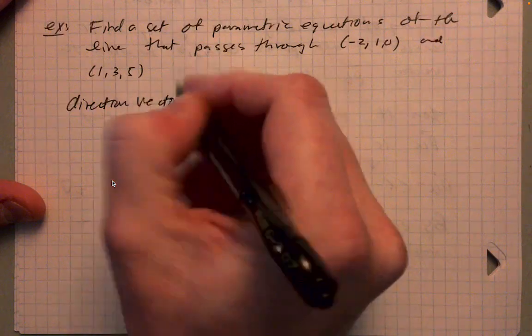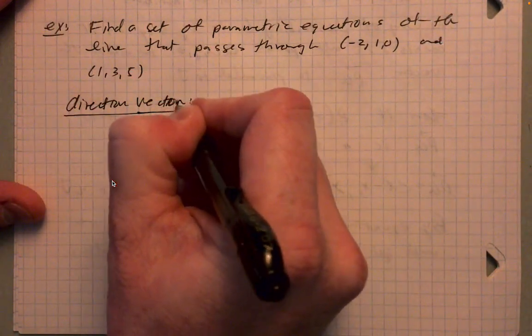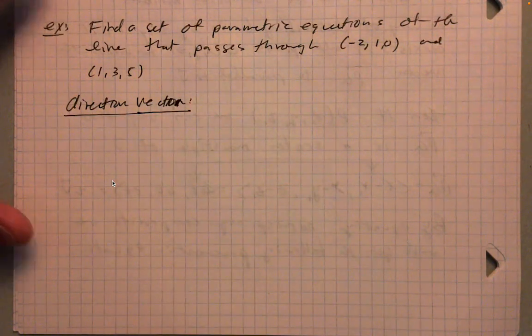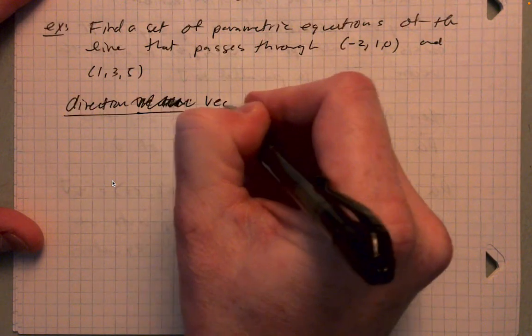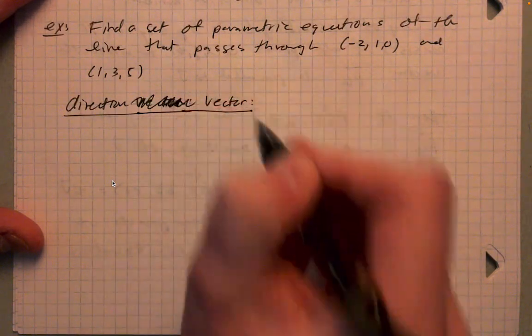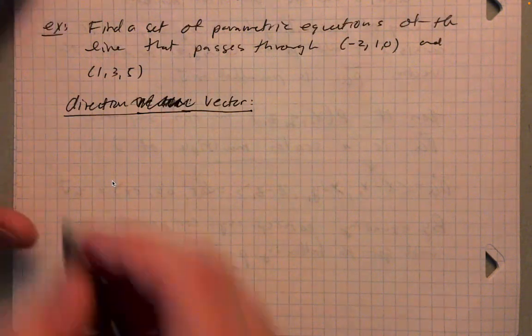How could we find a direction vector? Well, we're given two points. Easy enough to identify a vector from those two points.